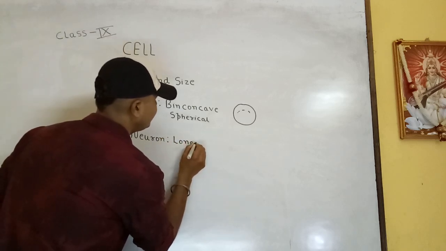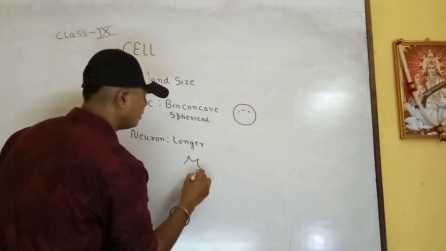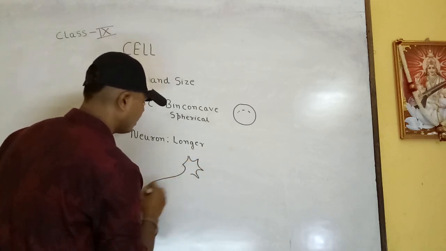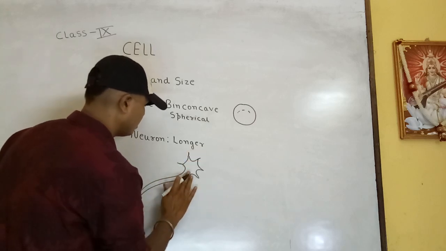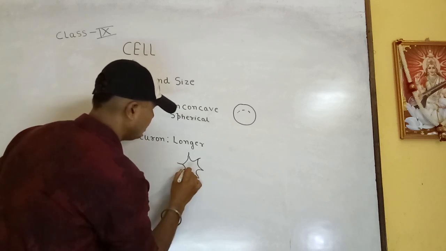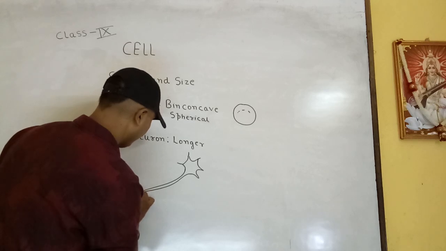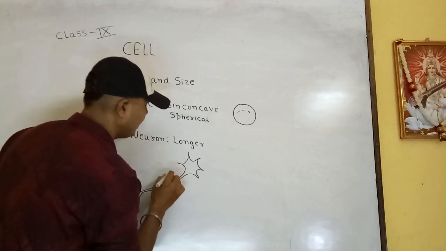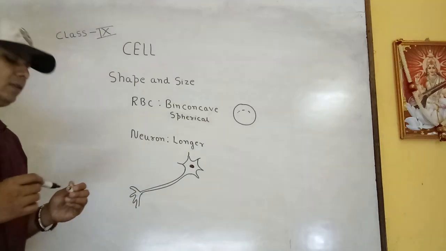So this is an elongated structure. You must have seen the structure of a neuron. So a neuron is elongated in shape. Based upon that, different organs and tissues have different shapes according to the functions they perform.